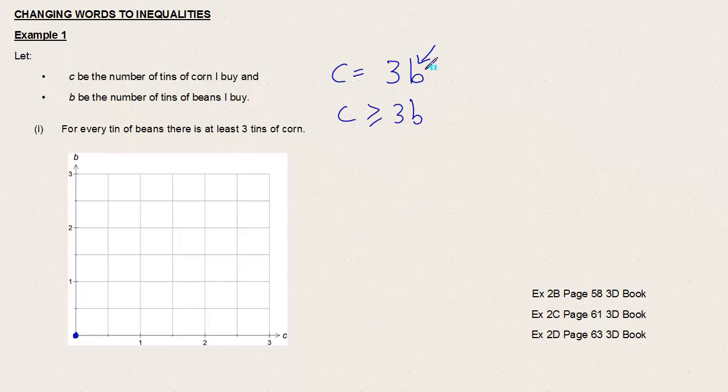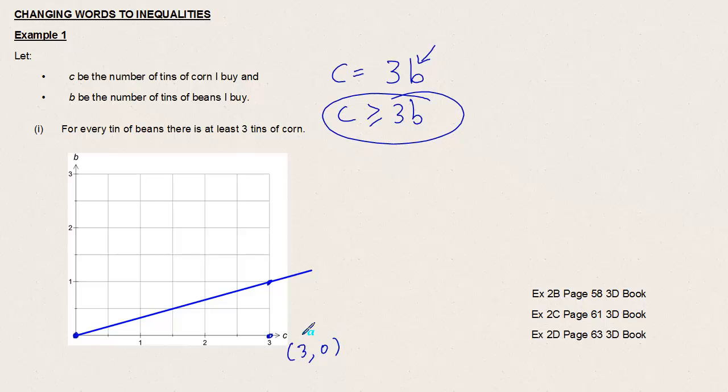If B is equal to 1, then C is equal to 3, so that's over here. And here's our line. And we want C to be more than 3B. We'll just try a point down here, like 3, 0. So that's 3 for C and 0 for B. And then the number of tins of corn is definitely more than 3 times 0. So this is the correct region for us.